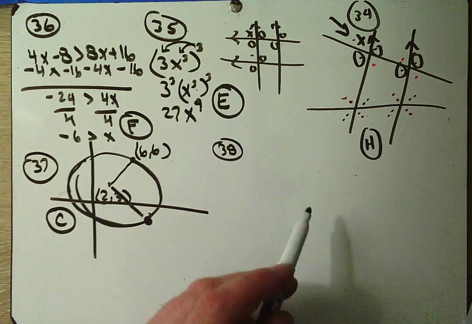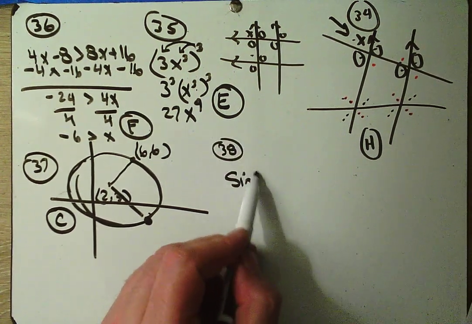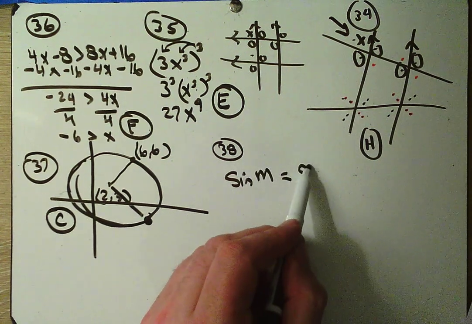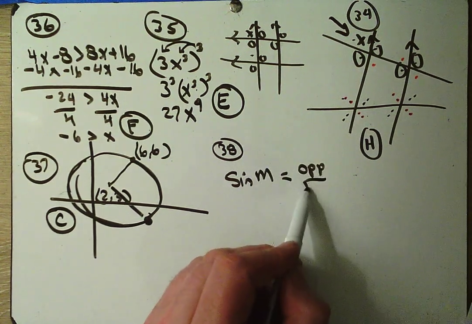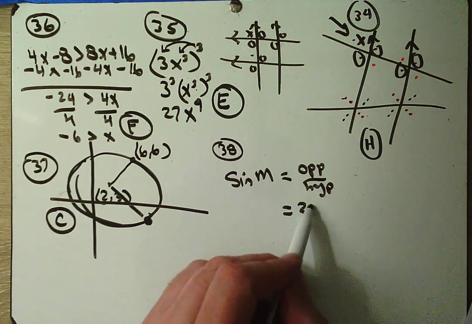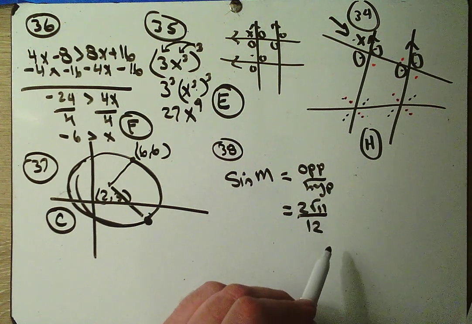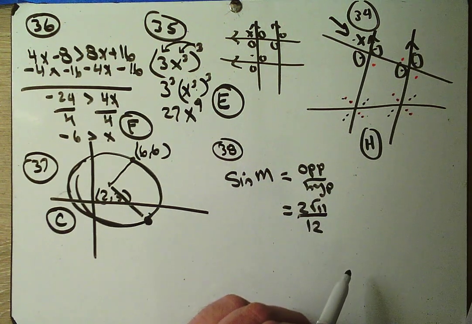38. What is the sine of m? Sine of m. We know that sine is opposite over hypotenuse, and the opposite is 2 root 11, and the hypotenuse is 12. So, I don't see my answer here.